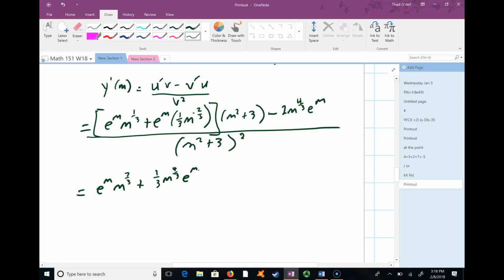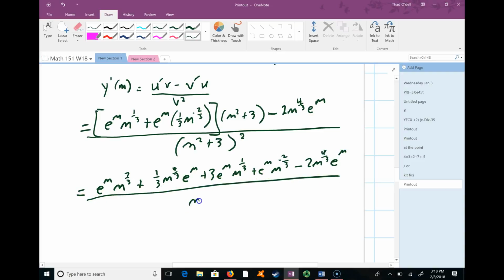Then multiply 3 times that would be plus 3 e to the m to the 1/3, and 3 times this would be, the 3 and the 1/3 cancel out, so I'd just have e to the m to the negative 2/3, and we still have that little bit at the end there, minus 2m to the 4/3 e to the m. All that is over m squared plus 3 squared.